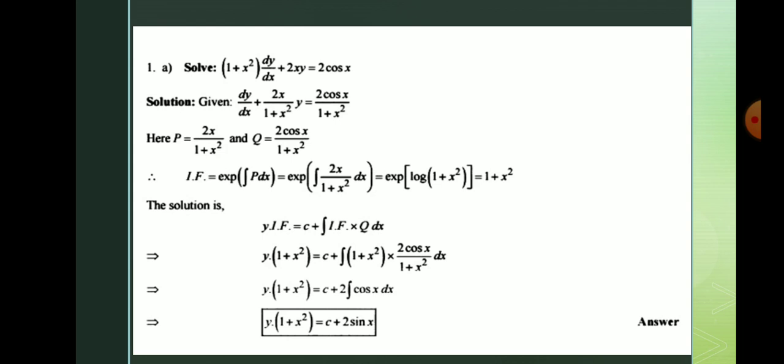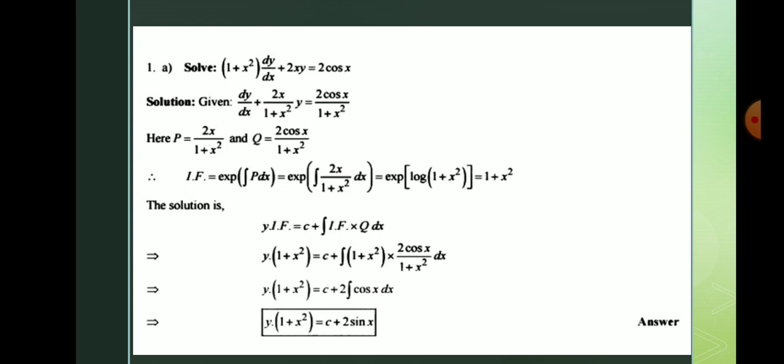The most general solution or complete integral of an ordinary differential equation of the nth order is a relation between dependent and independent variables which contains n arbitrary constants. In other words, a solution which contains as many arbitrary constants as the order of the ordinary differential equation is called the general solution.